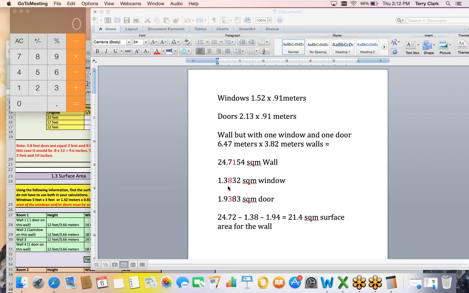If the number is 5 or higher for the next one, the 8 goes up to 9. So if it's 5 or higher, it goes up. If it's 4 or less, it stays the same.